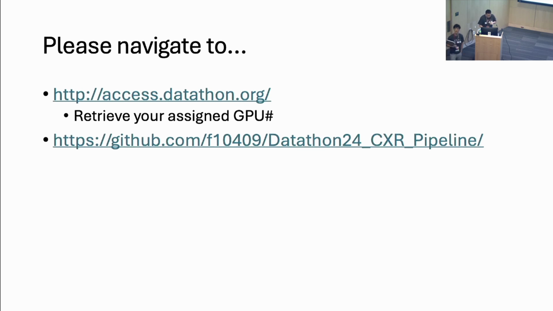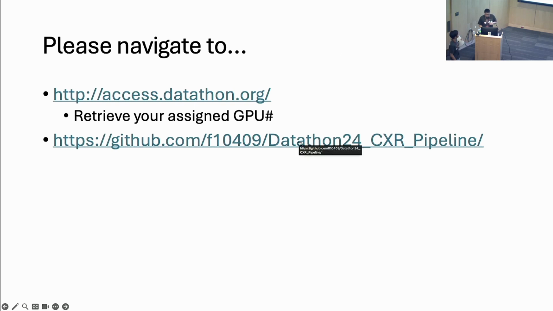Okay, cool. So let's go to the second link, the GitHub link. Do we put a link on Slack? Not yet. I think you can also find the link on Slack.